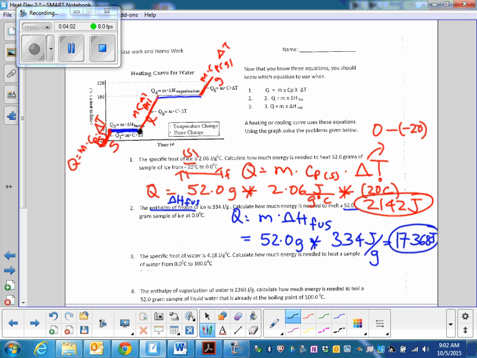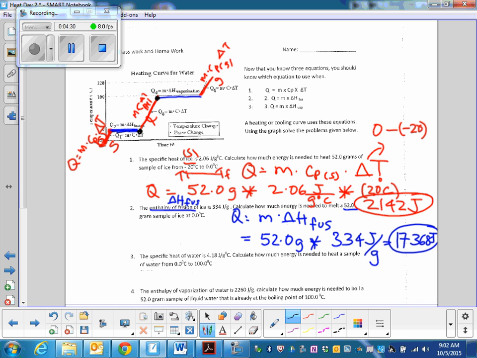The substance has melted and it's become all water. What is the substance going to go through next? What is the state of the substance between these two points? It's a liquid. What equation will I use to solve my heat change for that slope?